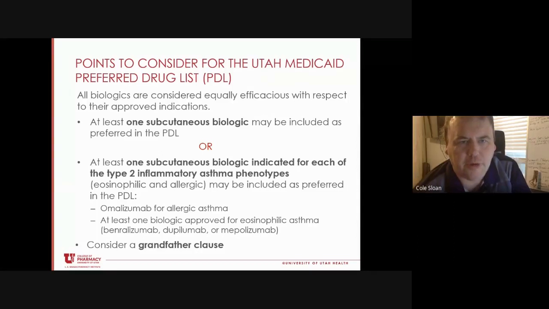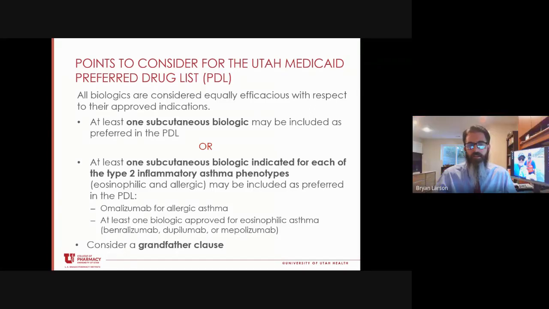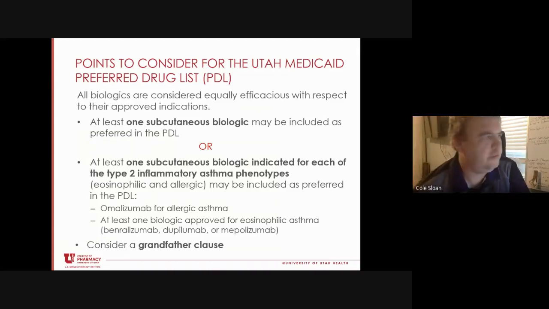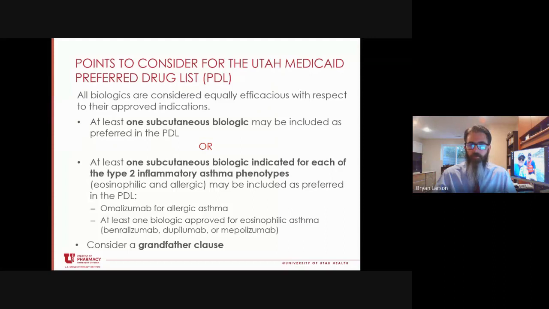But I agree, one subcutaneous biologic indicated for the different etiologies of the inflammatory asthma phenotypes should be included on the PDL. Does that include the first part about equally efficacious with respect to their approved indications? It does. Okay, do we have a second? I'll second.